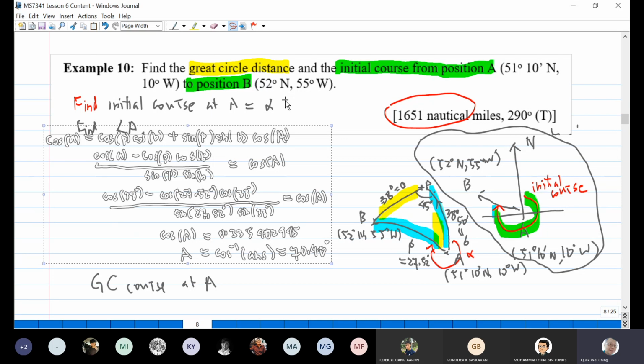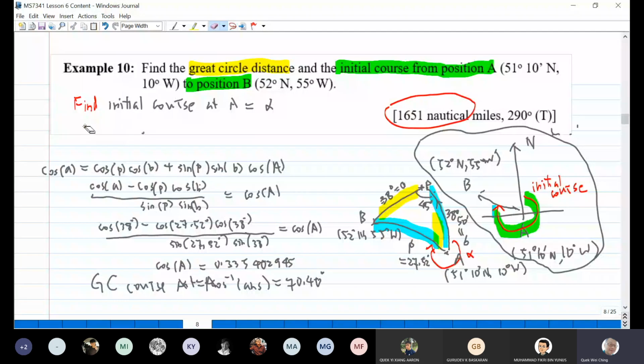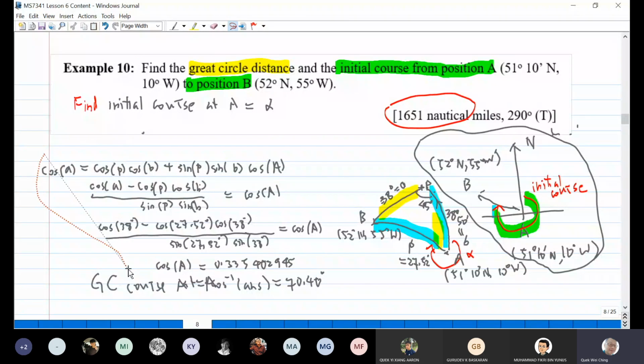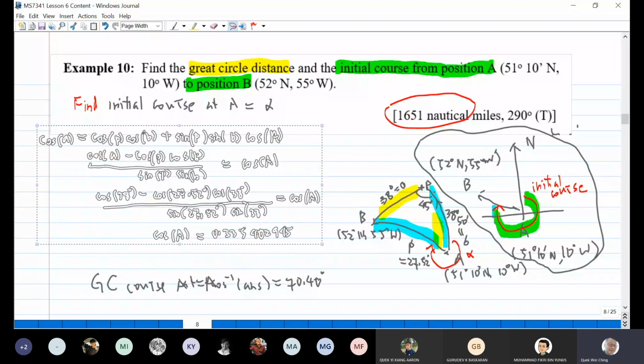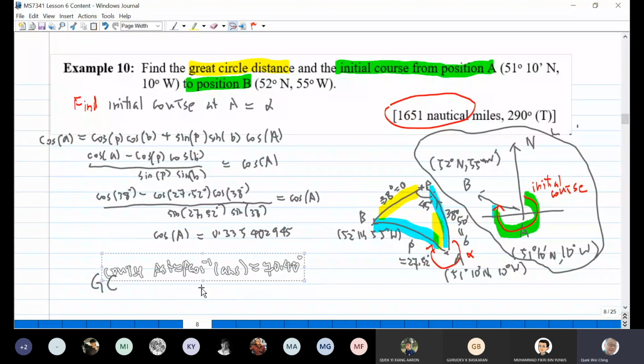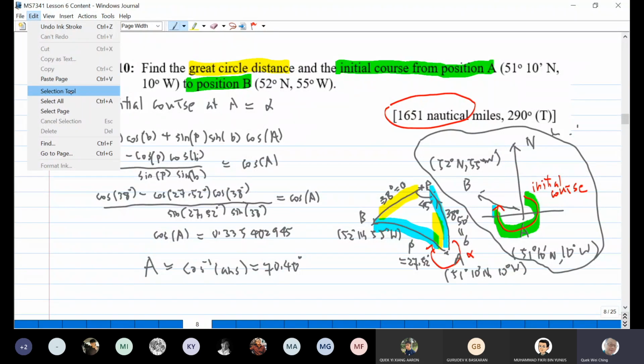Let me erase this one for angle A. So what is the direction now?